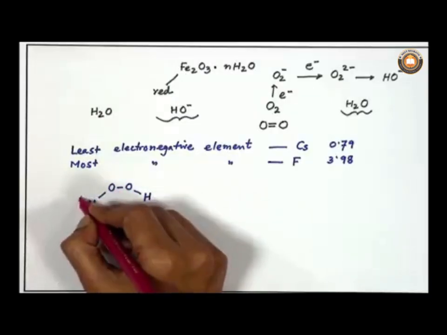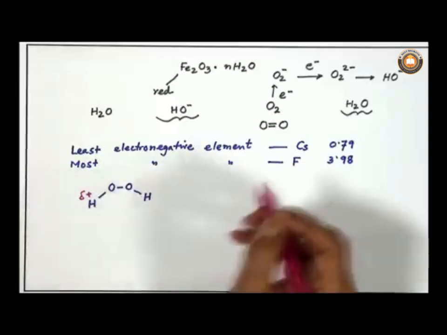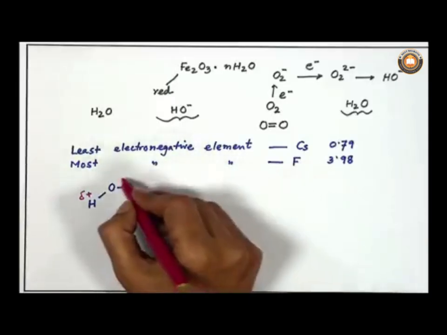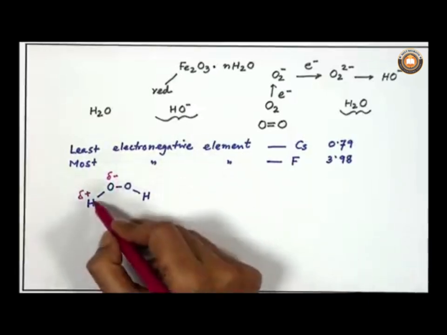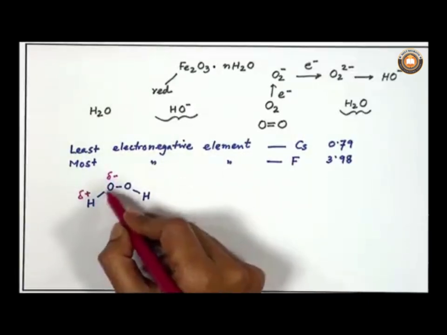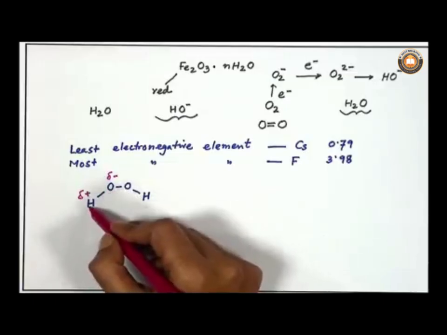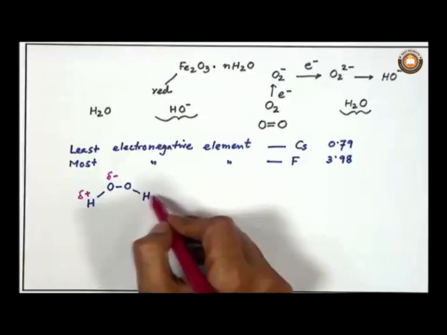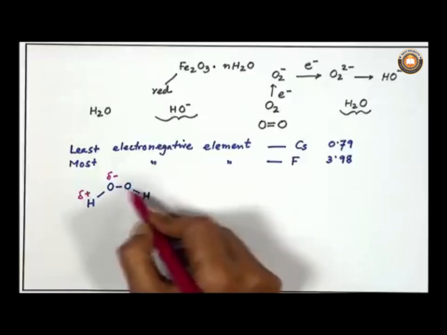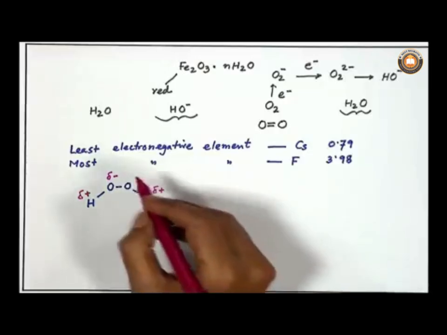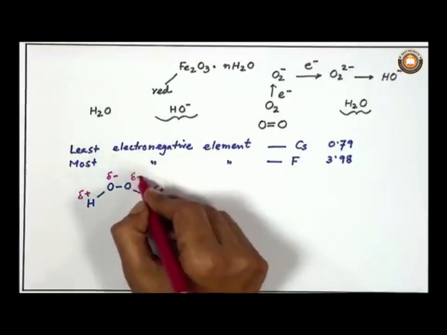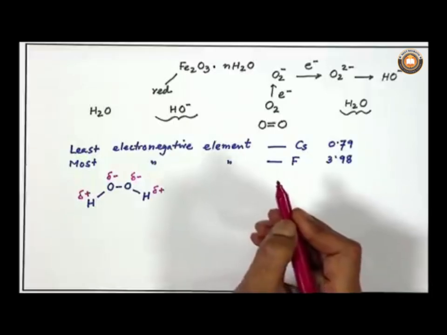So, the partial charge generation on hydrogen and oxygen will be delta plus and delta minus by sharing of the electron pair between the bond of oxygen and hydrogen. In a similar fashion, the other OH bond will also have a delta plus charge and a delta minus charge on oxygen.